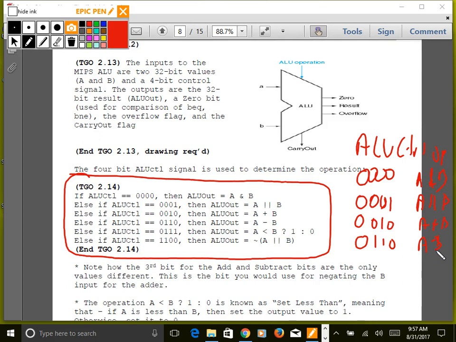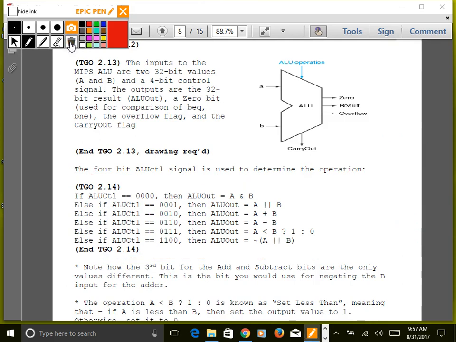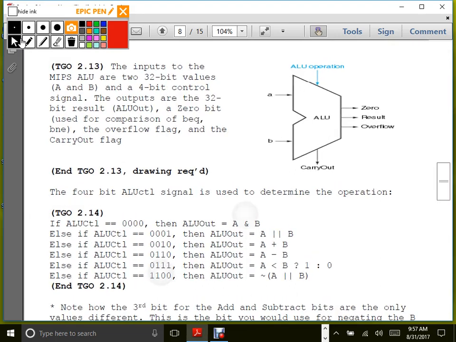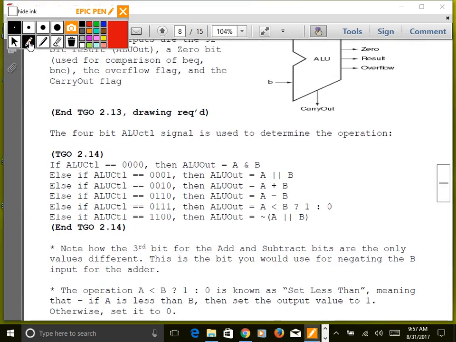For this value here, let me zoom in on this just a little so you can see what I'm talking about. What this notation means is that if the ALU control is 0, 1, 1, 1, then ALU out represents the value of A less than B. This question mark means that if A is less than B, the value is 1, and if not, the value is 0.